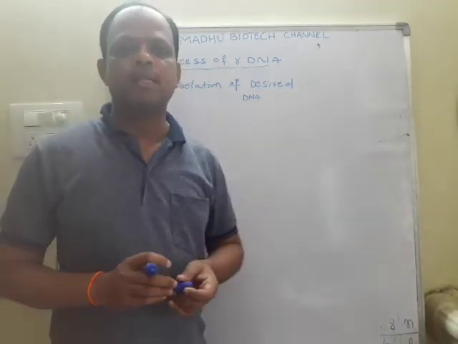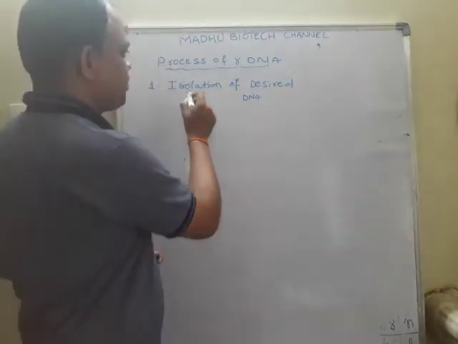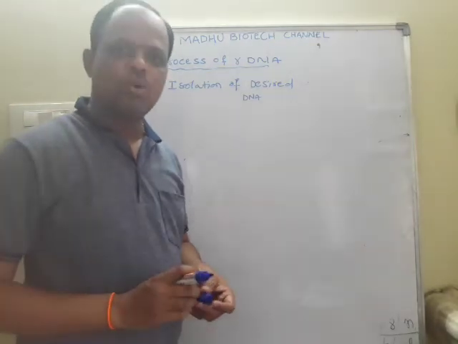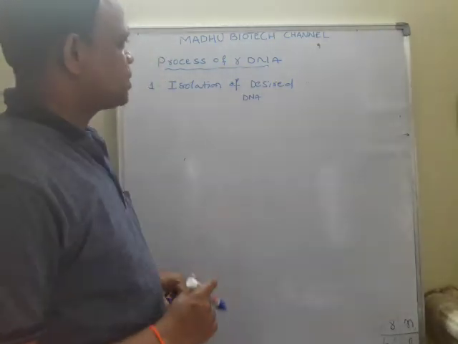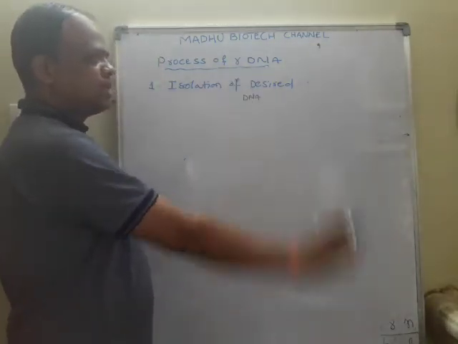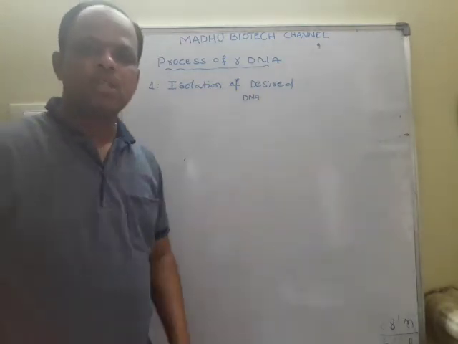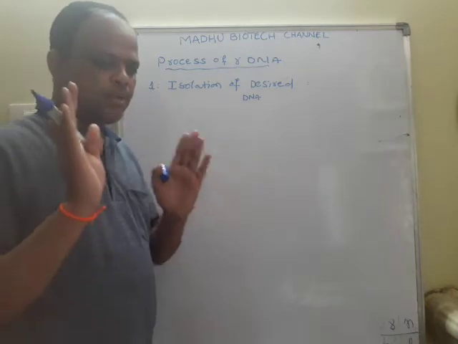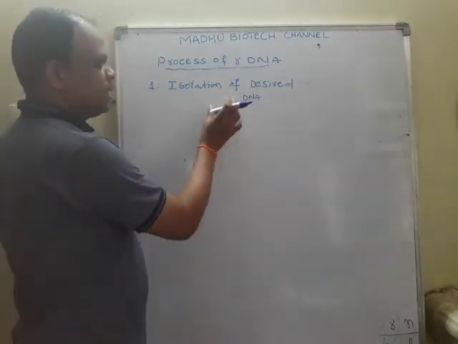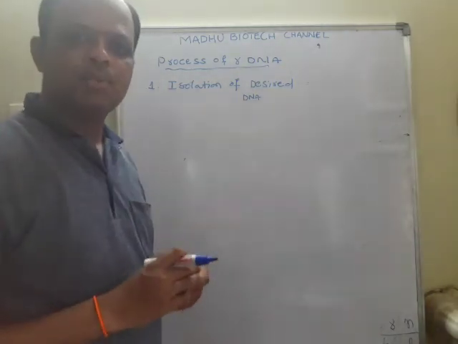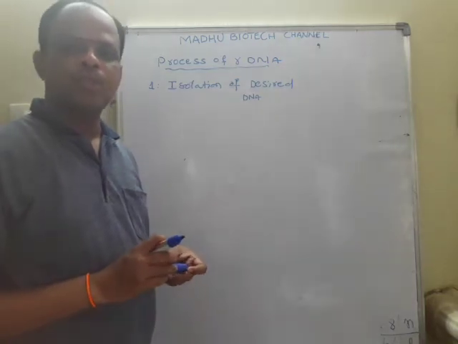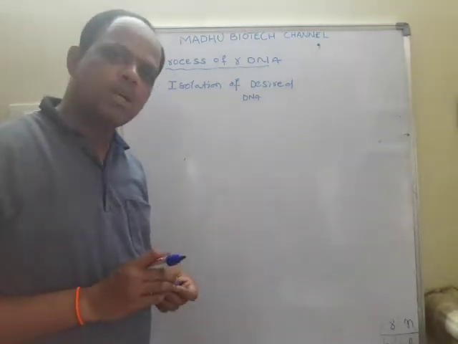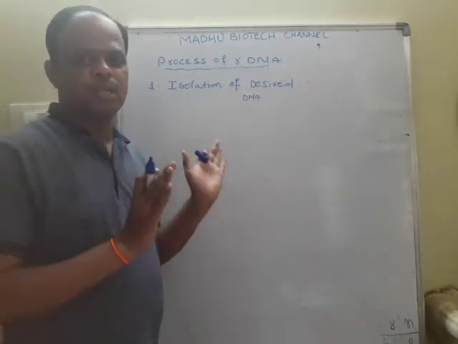So today we are discussing the first step, which is isolation of the desired gene. First of all we want to isolate the desired gene. In this technology, several types of organisms are involved. Based on the organisms, we use different types of enzymes.